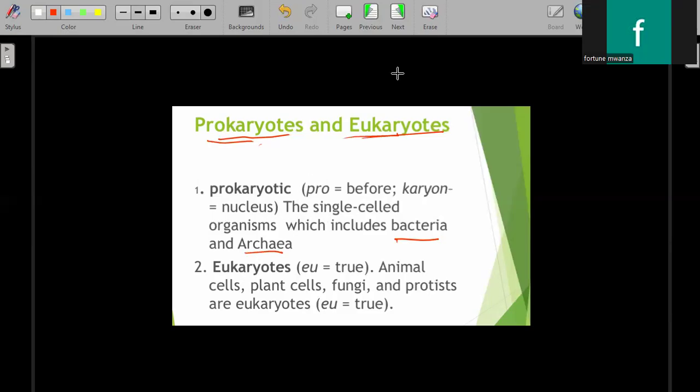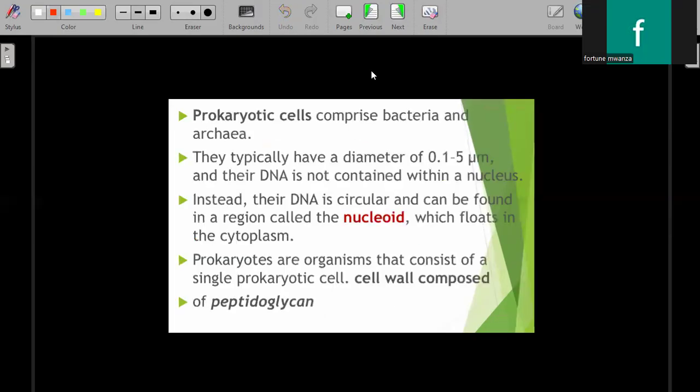Prokaryotes are single cells. Like we've mentioned, these are found in bacteria, which are composed of single cells. Examples are bacteria and archaea. The diameter is 0.1 to 5 micrometers. Prokaryotes do not have a nucleus.